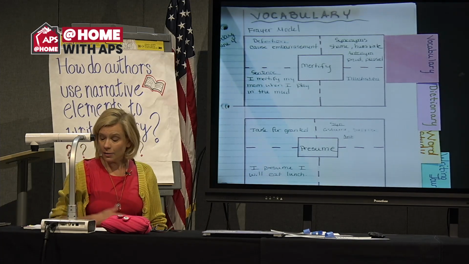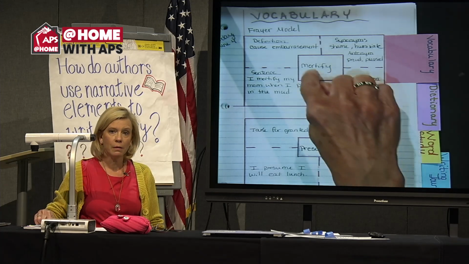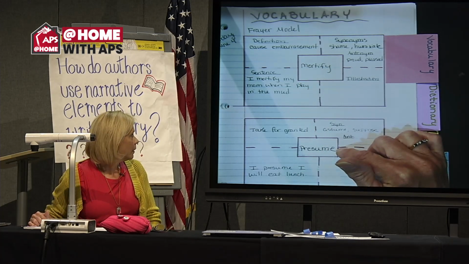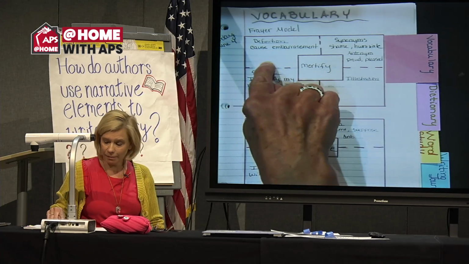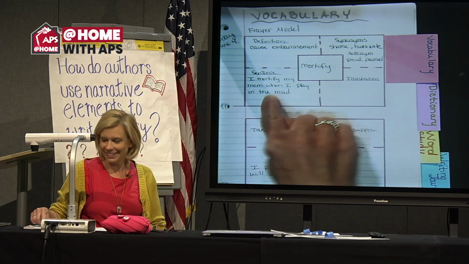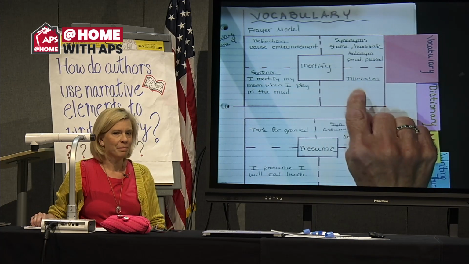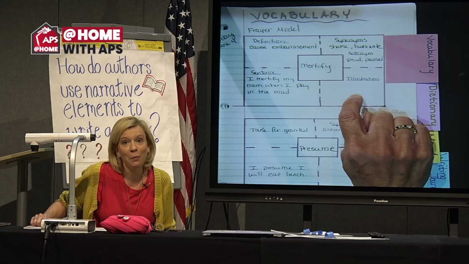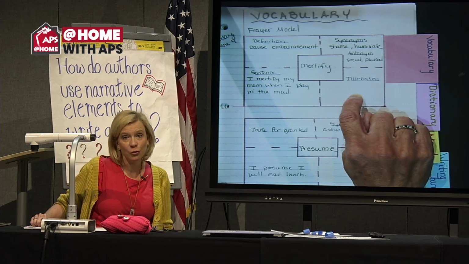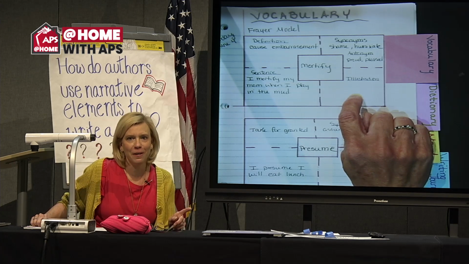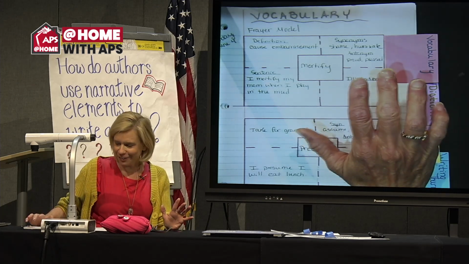And so the word goes in the middle, and then I have the definition, the sentence, the synonyms, and I didn't finish my homework because I didn't do the illustration yet. But that's the fun part, so I'm saving that for later.